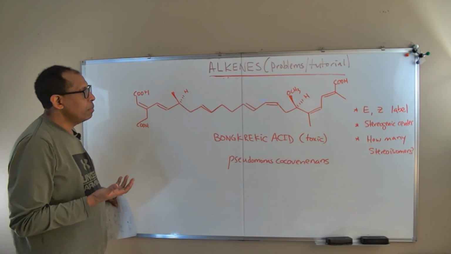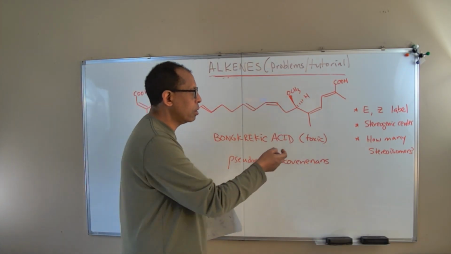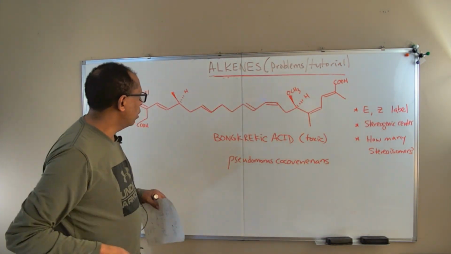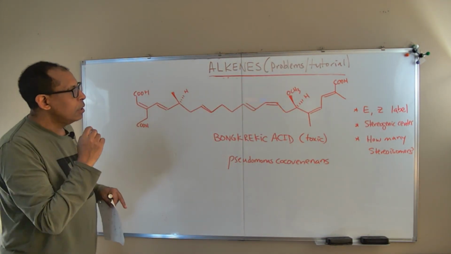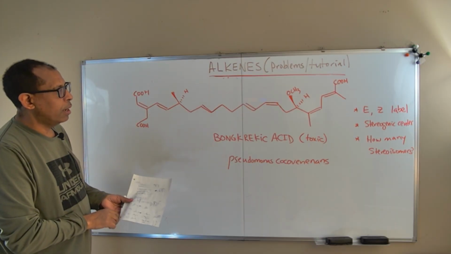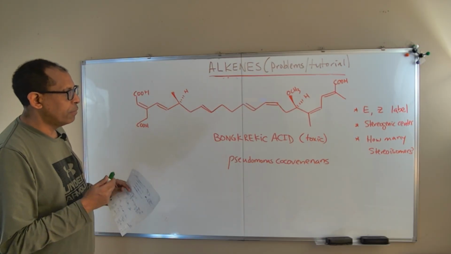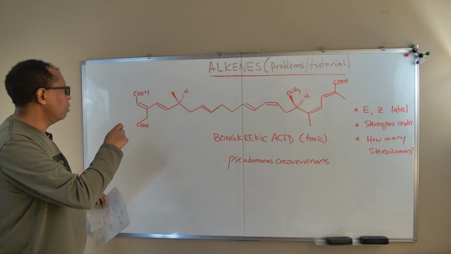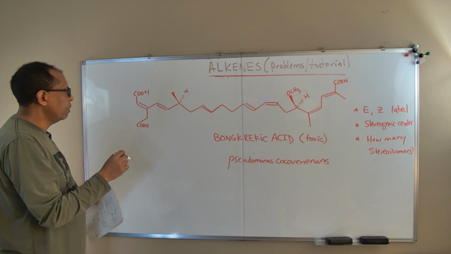And the main important question is for us to label E and Z, each one of the alkenes, by just putting an E and Z label, the first thing. So I'm going to make sure that we label them correctly.